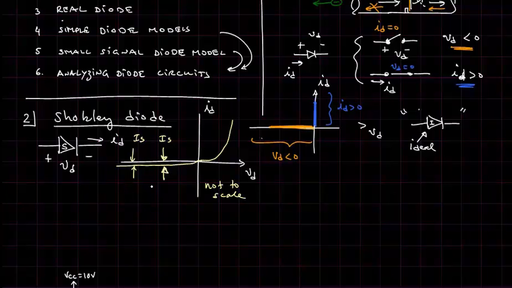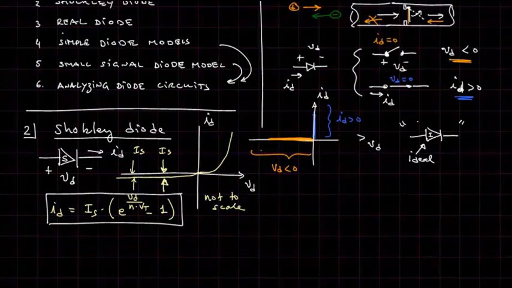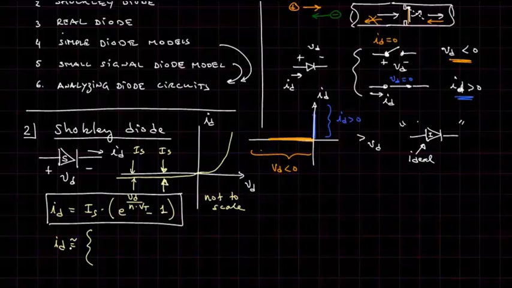Okay, and here's the Shockley equation. The current in the diode is equal to this scaling current IS times e to the diode voltage over N times VT, that whole exponential minus 1. Now we're going to find that we can simplify this expression a little bit by defining two different regions of operation.